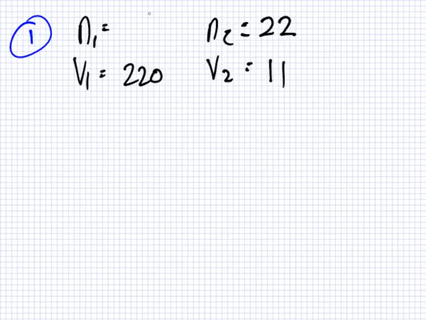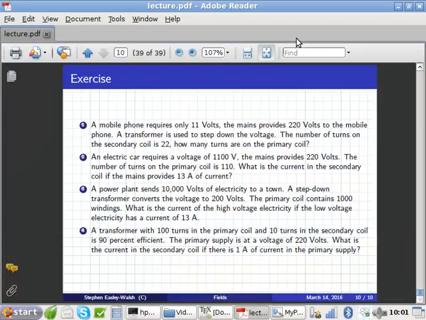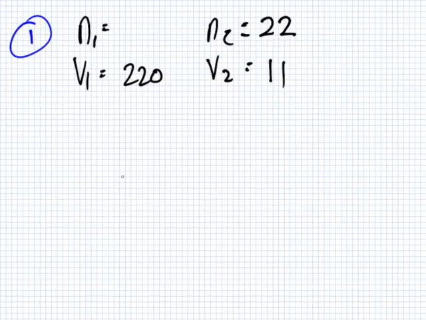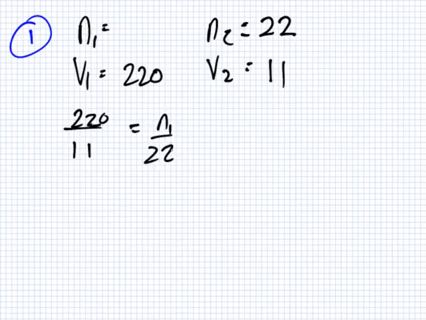So you have V1 over V2 equals N1 over N2. So did you get 440? Fantastic.